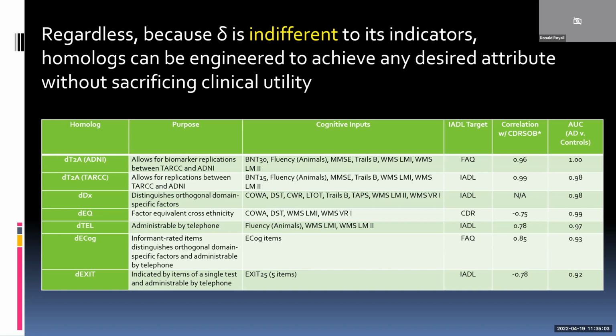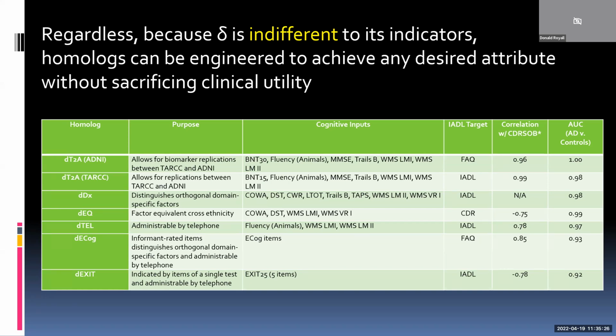And so we had to engineer DEQ to achieve factor equivalence across the two ethnicities. Detail can be administered by telephone. I have my psychometricians doing this by telephone in about 20 minutes or so. And I can get a D score remotely.